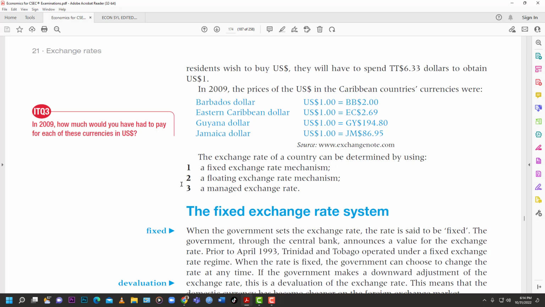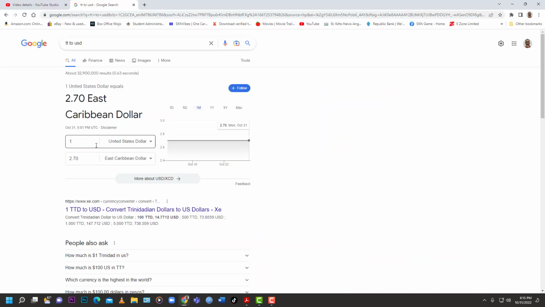A country can choose which one they prefer to use based on various circumstances, whether it is the strength of your economy, or whether you want to channel certain imports and exports. Based on what's going to benefit your economy, you choose the system that best serves that purpose.